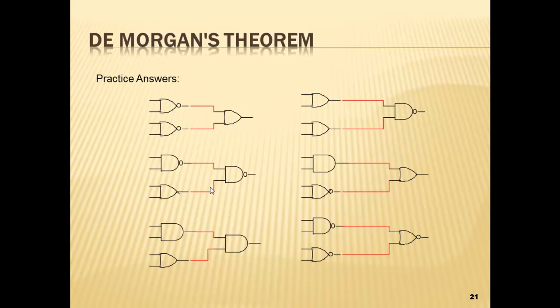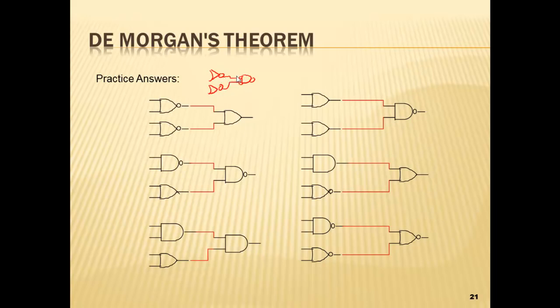Here's the answers. And again, bubble pushing, OR becomes an AND, float the bubbles back to make them OR gates or NOR gates. In this case, the bubbles actually cancel out. Let me show you. For that one, I've got an AND with bubbles on all of them, and here I've got NOR gates with bubbles on the outputs.